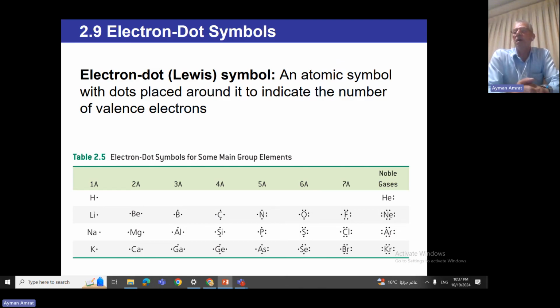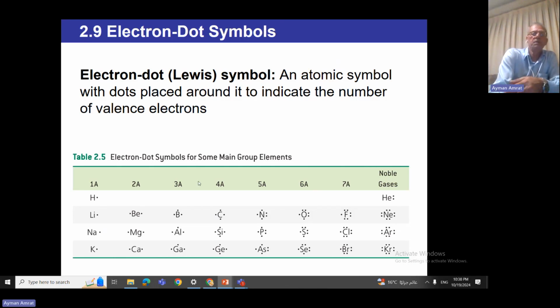Noble gases, with 8 electrons, have 4 electron pairs. This is Lewis, to simplify atomic configuration and concentrate on the valence shell electrons, representing them as dots.